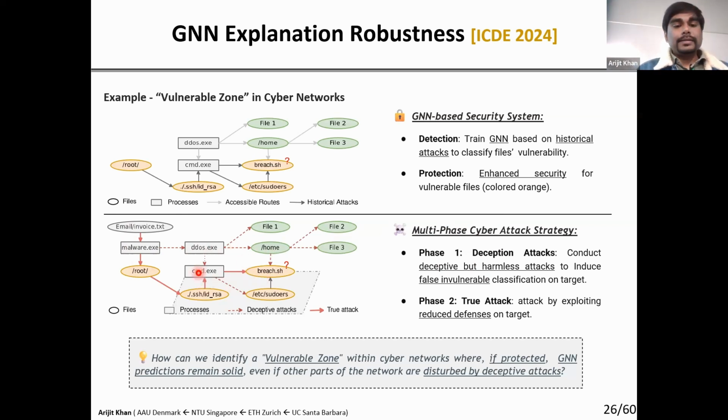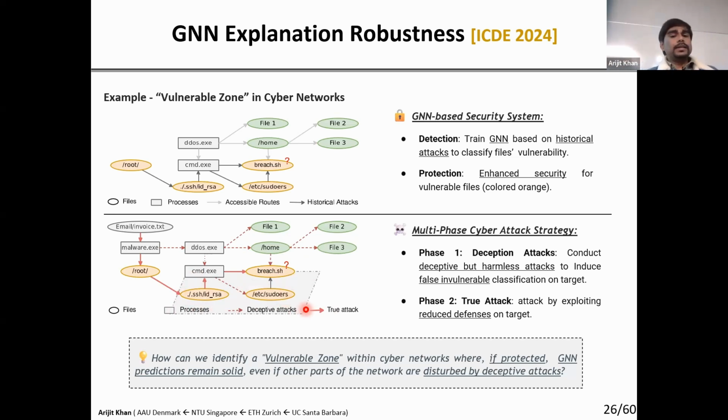So what we want is that we not only want to classify bridge.sh as vulnerable, but we also want to provide some kind of justification, some explanation of why this is vulnerable. And we want to identify these red paths in our explanation. If we can incorporate that, then that actually helps us decide where the security resources should be placed.